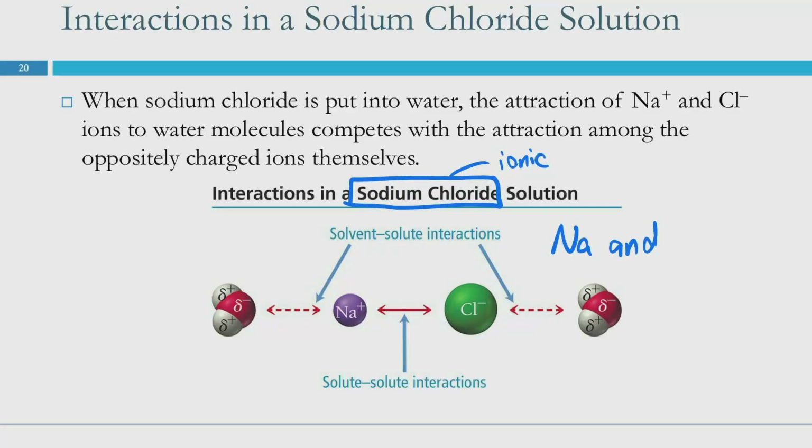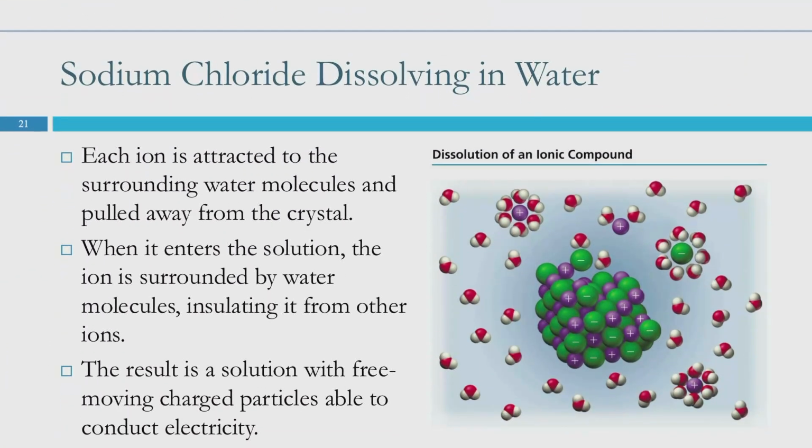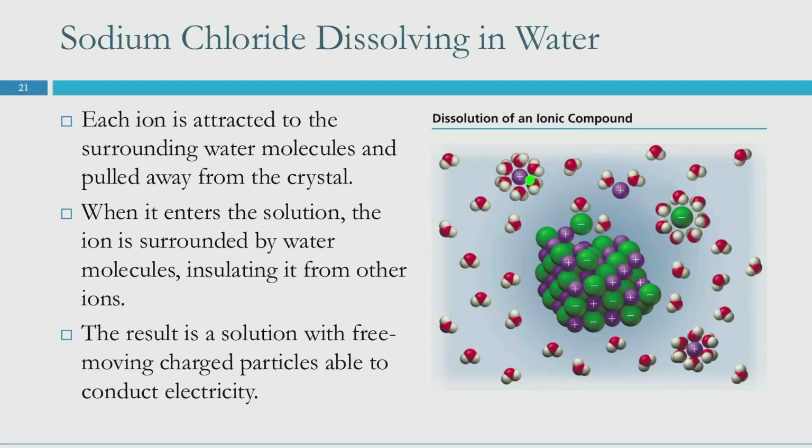So the Na and Cl are separated. So it's no longer the same chemical structure as it was before we dissolved it. It's getting pulled apart into its individual ions, its individual pieces, and then those are surrounded by a bunch of water molecules, either with the negative side facing in or with the positive side facing in, depending on the charge of the particle.